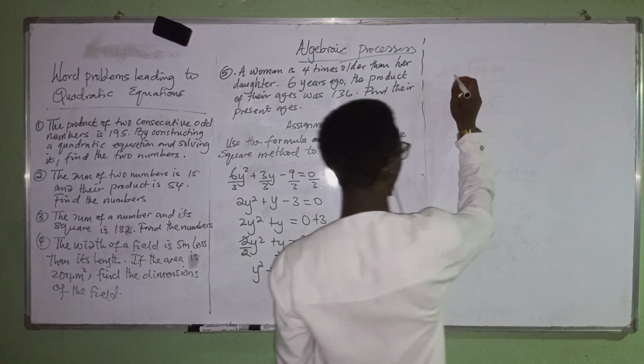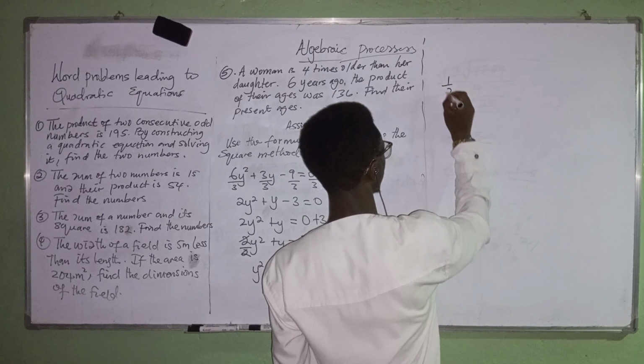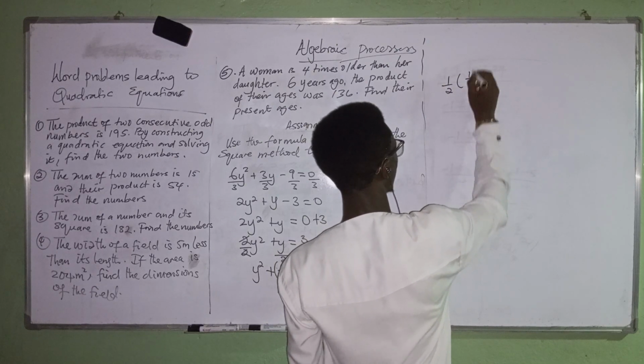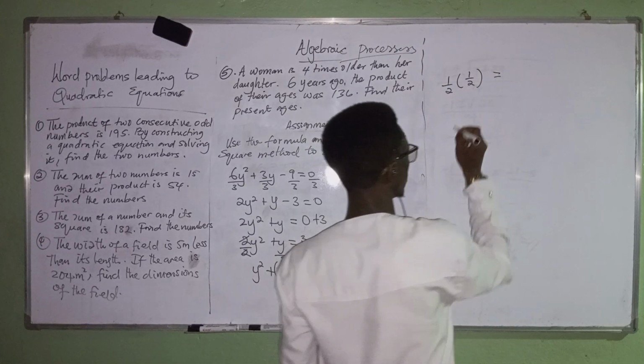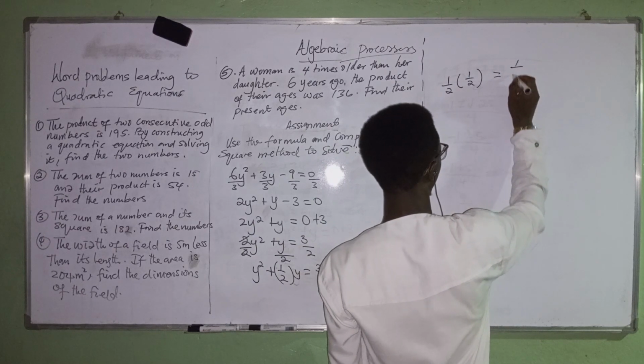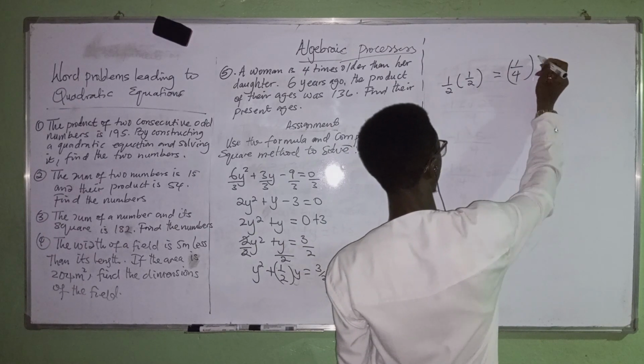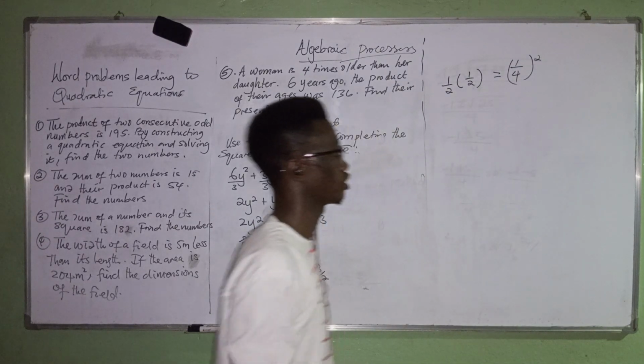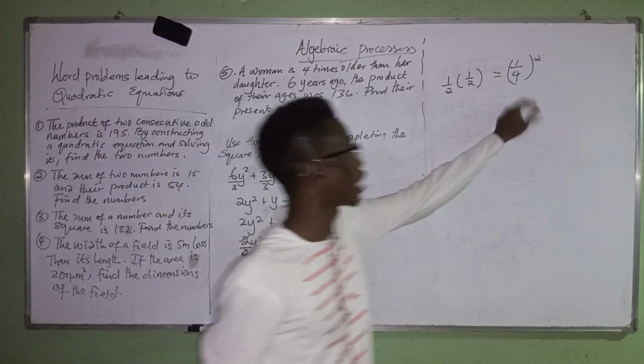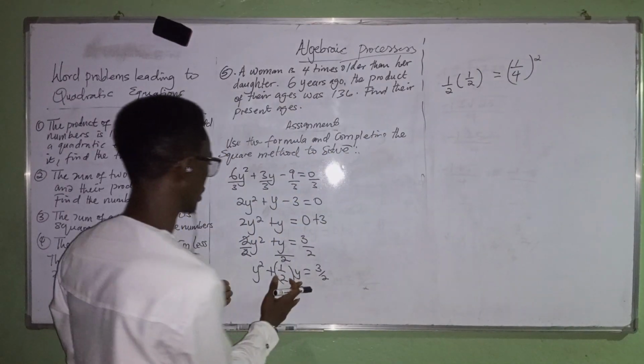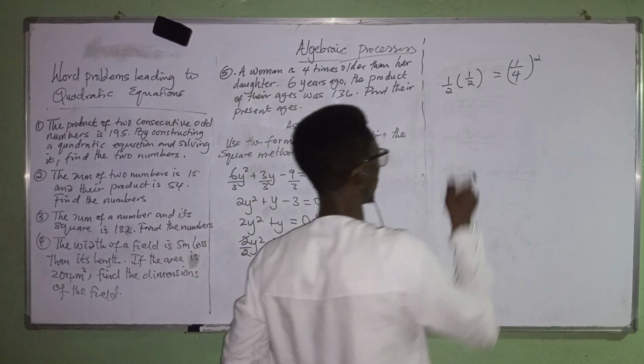So we take half of half. This gives you 1 over 4. Then the next thing, we square that. This is what we are going to add both on the left and on the right to complete the square.